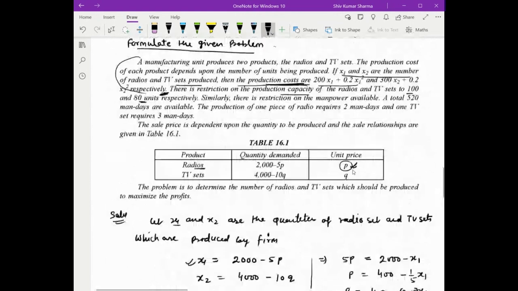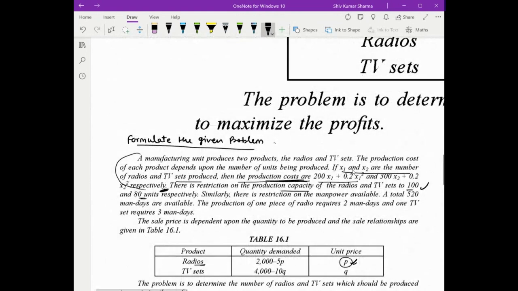So this is the first two restrictions, 100 for radio set and 80 for TV sets. Similarly, now there is a restriction on the manpower available. Total 520 days are available.